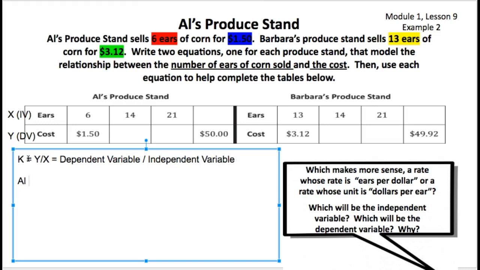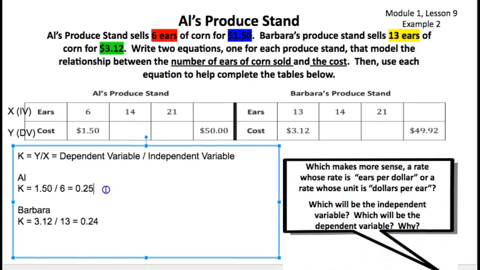So Al, we know we're looking for the constant of proportionality, and we have 1.50 divided by 6, which gives us 0.25. That's our K, this equation. And Barbara, K is equal to 3.12 divided by 13, which gives us 0.24.